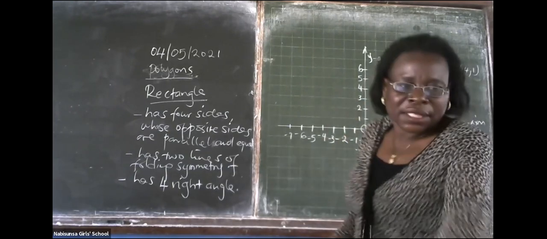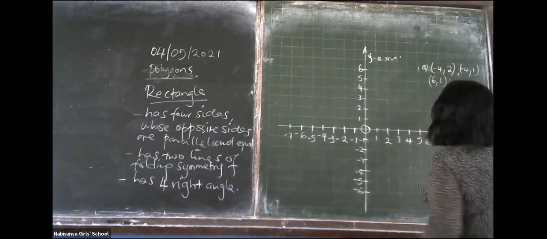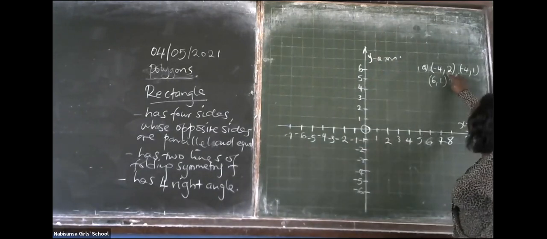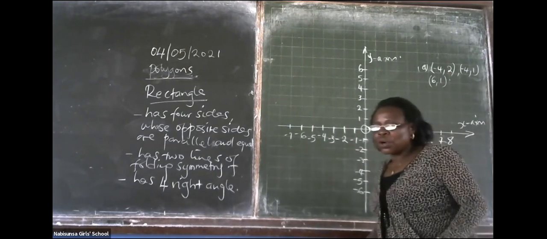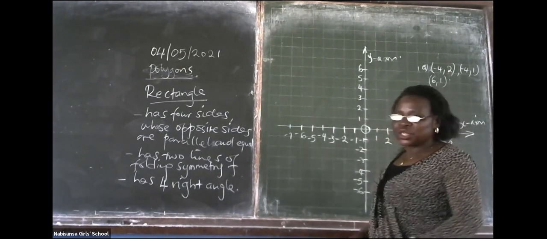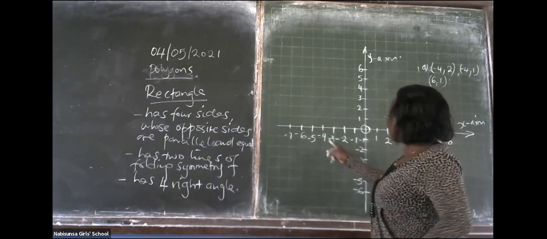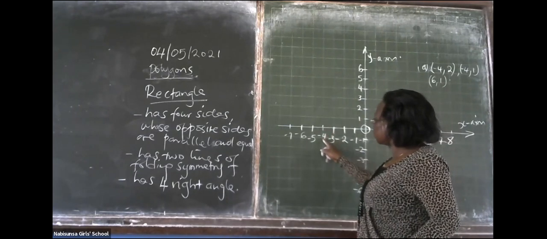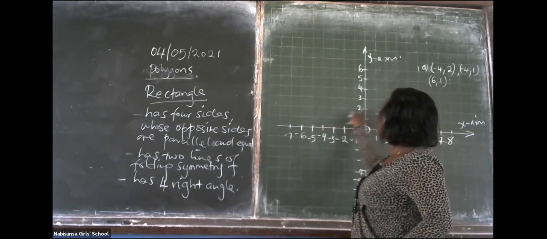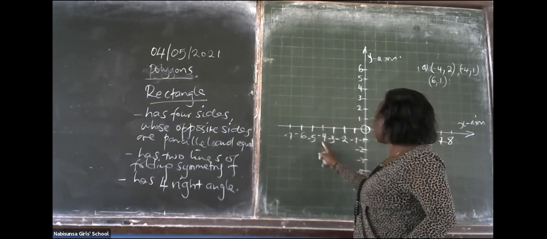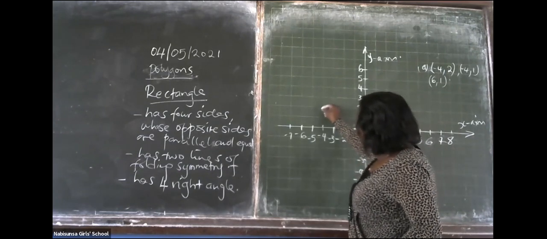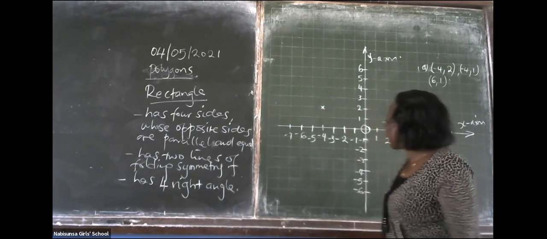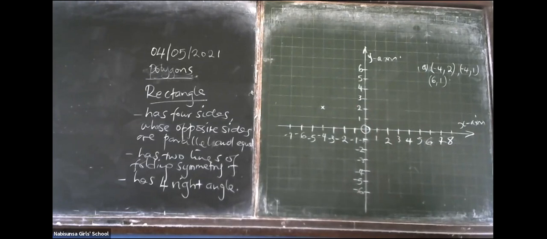Now, can we plot the given points? The first one is -4, 2. -4 is the X coordinate, 2 is the Y coordinate. So we shall have -4 on the X-axis and +2 on the Y. Where the 2 intersect is our -4, 2.